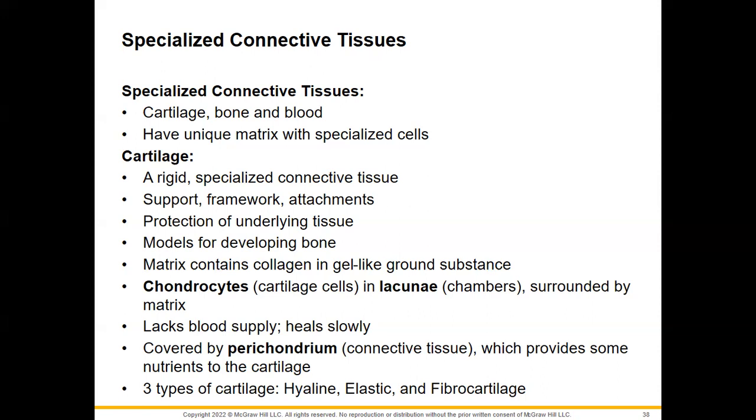So this perichondrium surrounding it has its own access to its own blood nutrient supply. So it receives blood nutrients and it sends those nutrients to the cartilaginous tissue that it's surrounding. You have three different types of cartilage. You have hyaline cartilage, elastic cartilage, and fibrocartilage. Let's get into that.